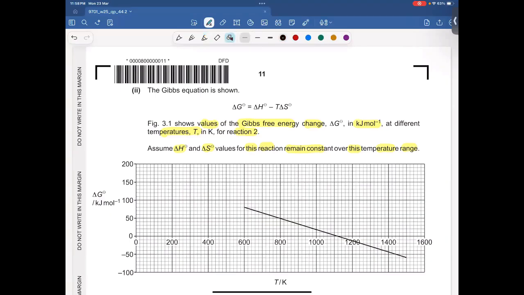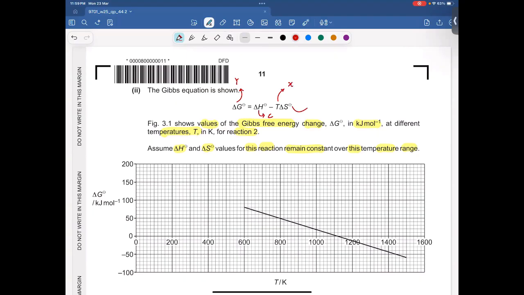So in order to determine the gradient, this delta G is basically Y. Delta H is basically C, that is the y-intercept.